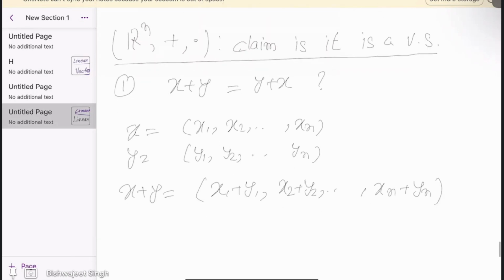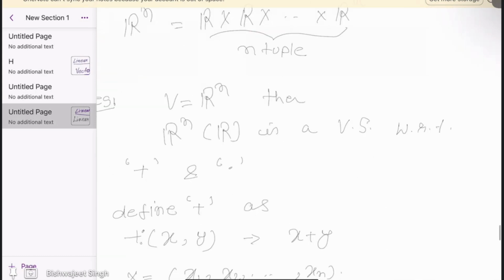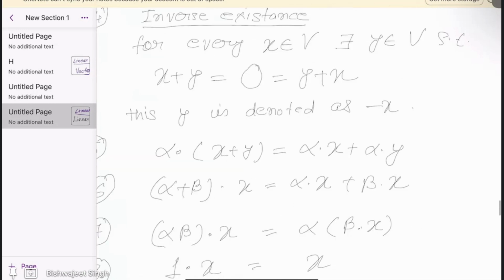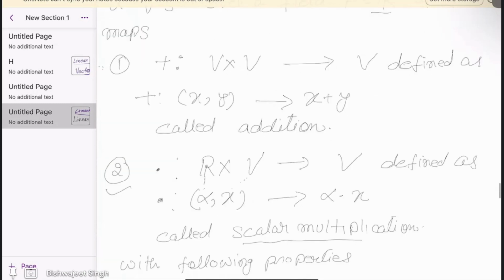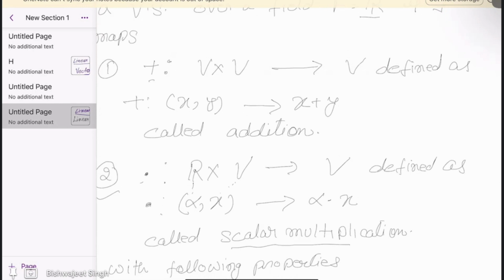Normally, the plus and dot that I have written in this definition represent addition, but they are not the actual addition that we do. They are not like 2 plus 3 equals 5, that addition of real numbers. Rather, they are just functions which represent addition in some form.